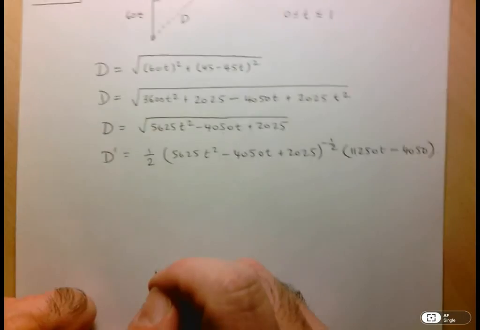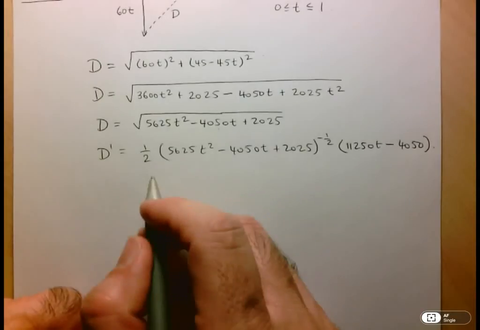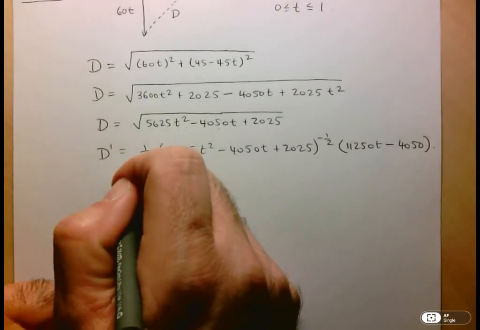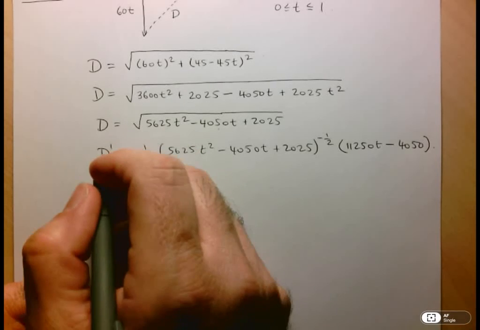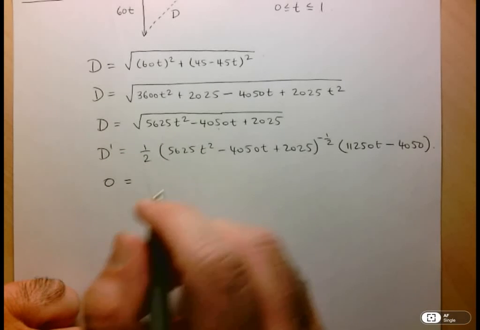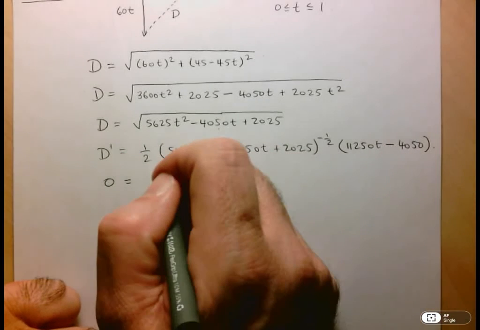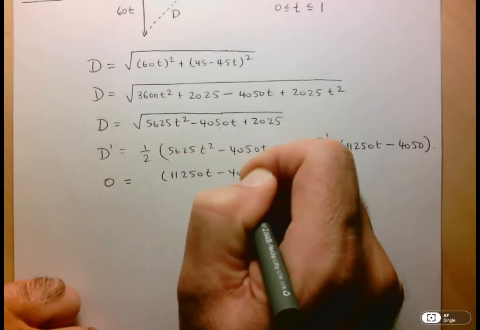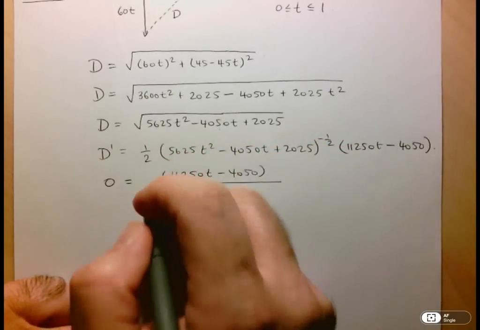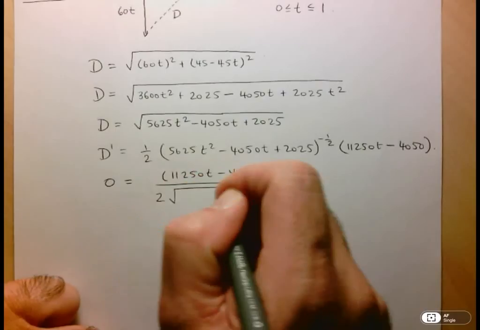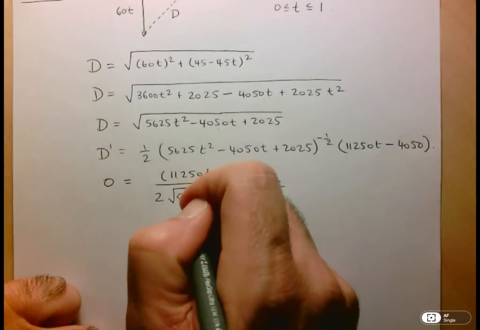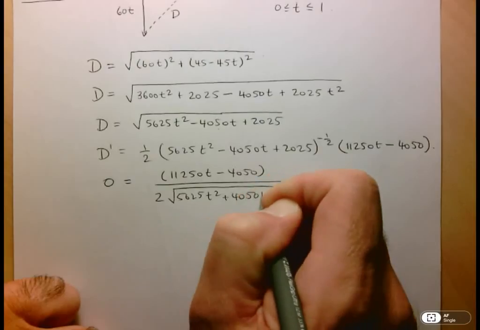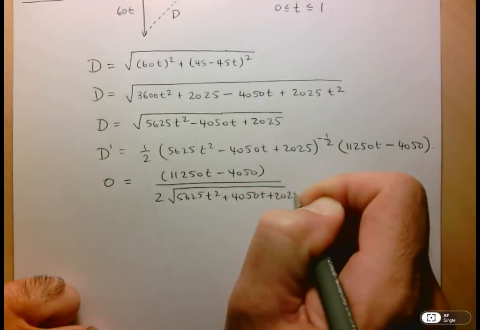Now, I might skip the next step, but I'm going to write it out just to indicate exactly why this is working. First of all, I want to determine when the derivative is 0. Here, the only thing left in the numerator is the 11250t minus 4050. In the denominator, I've got 2 times the square root of 5625 t squared minus 4050t plus 2025.